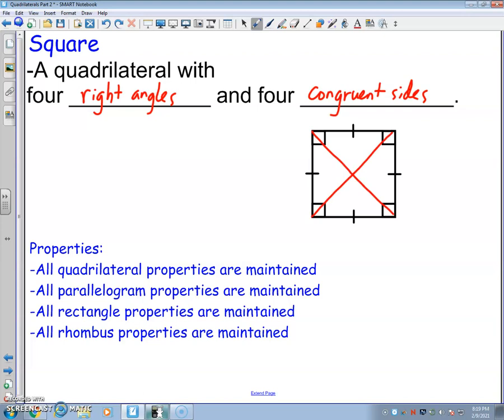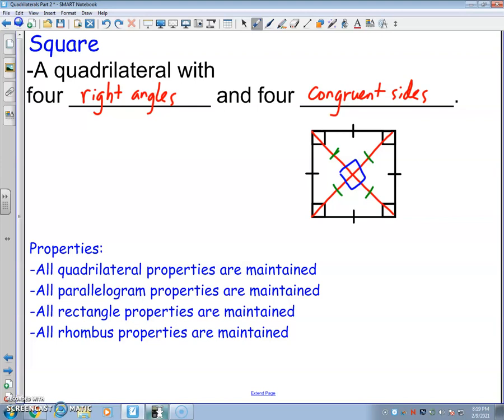They do make 90 degrees. That's from the rhombus. They are congruent. That's from the rectangle, but also parallelogram. They bisect each other, but they're also the same. It's so many things. All right, so I'll just leave that alone.